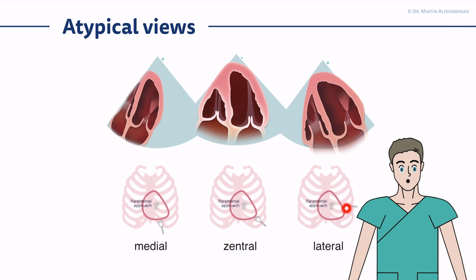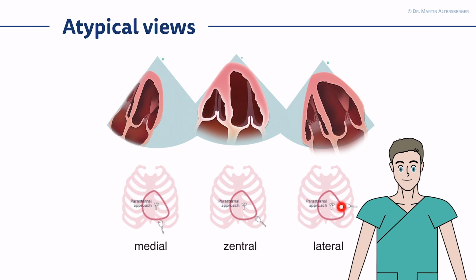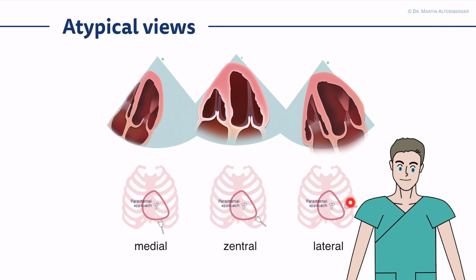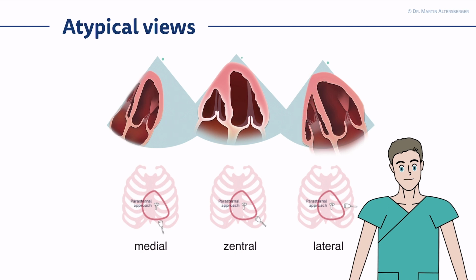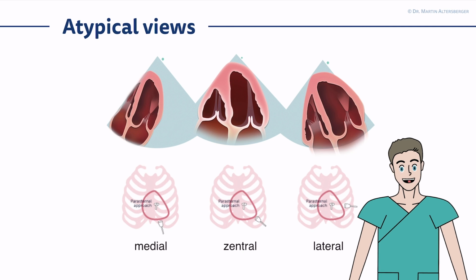And if you move more laterally and tilt inwards, so here you can tilt from the medial position a bit outwards, so laterally, and here you move laterally and tilt inwards, you get a nice glimpse of the right ventricular free wall. So you can move around the transducer, you can relocate the transducer and tilt to optimize your views and to get specific views for specific structures you want to see.